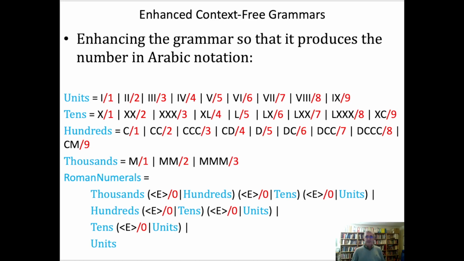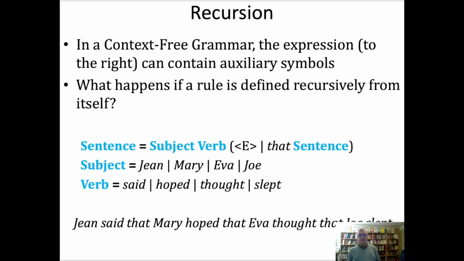So as I said at the very beginning, context-free grammars are more powerful than regular grammars. And one important feature of context-free grammars is that they are recursive. So what is a recursion? A recursion is when a rule uses itself to define itself. So for example here, I have a rule, let's say sentence.